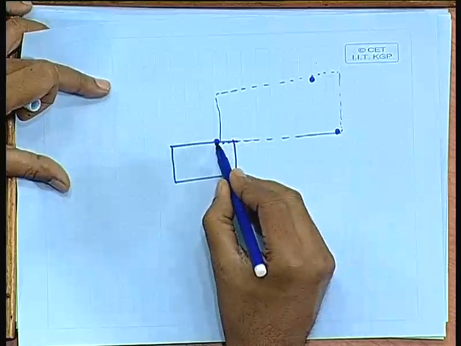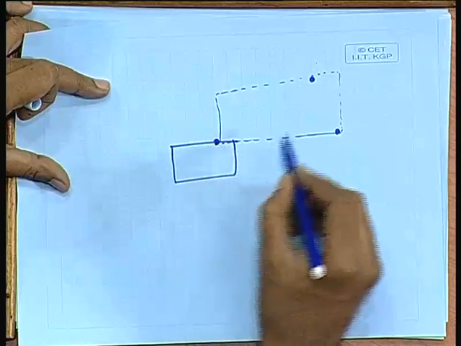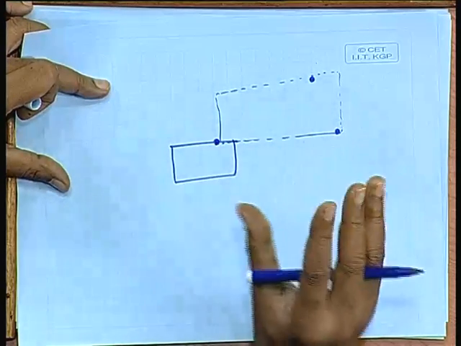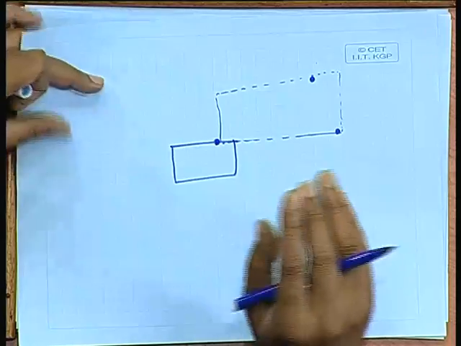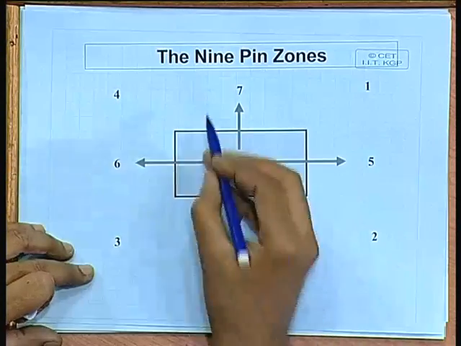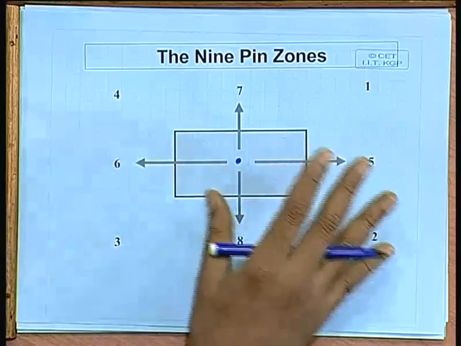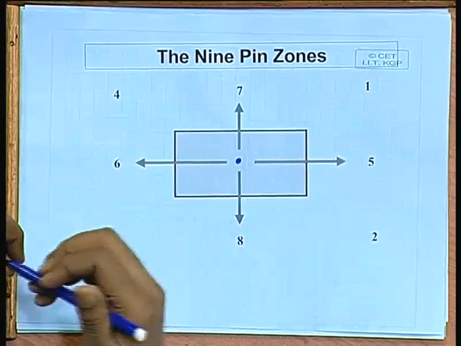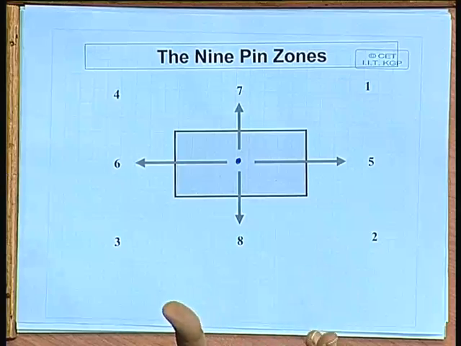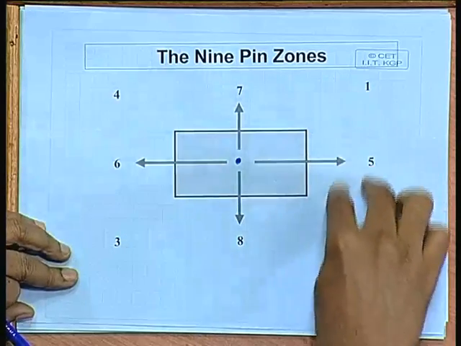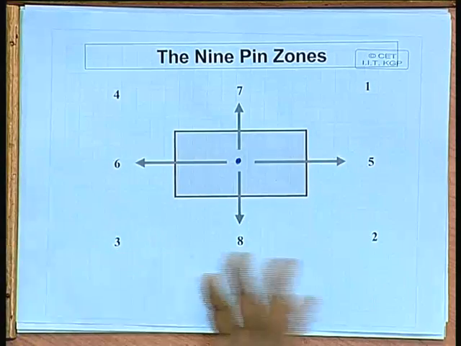Now, you try to move around this point so that the area of this imaginary rectangle is minimized, and then you try to map it to one of these zones, whichever zone this imaginary rectangle belongs to. Essentially, each net you try to map to one of these zones, and your objective will be to map the different nets to different zones so that congestion is distributed uniformly across the zones.